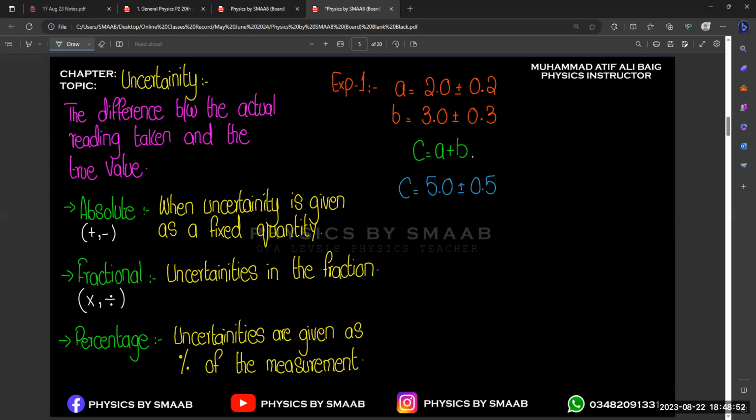What do you think, how do we find the final answer then? If C is equal to A minus B, then you are going to get minus 1 plus minus 0.1.